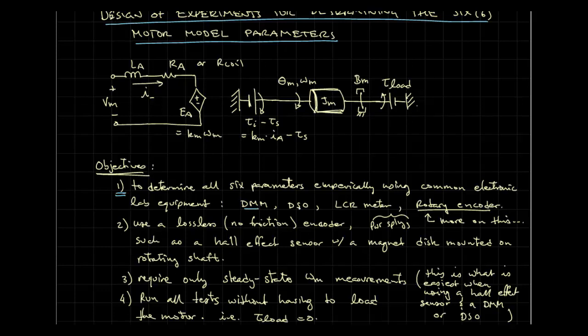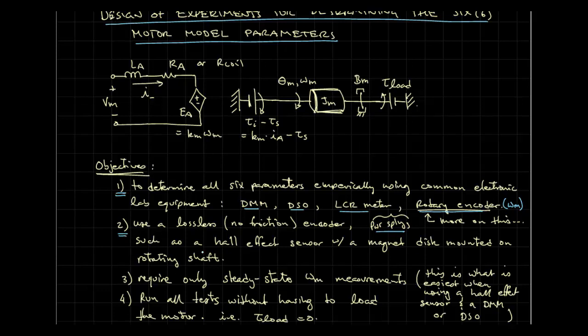Things such as a digital multimeter, digital storage oscilloscope, perhaps an LCR meter for being able to measure things like inductance, and then some kind of rotary encoder so that we can measure omega m. More on this in a little bit. Also, we may want to use a power supply. Well, we will need to use a power supply for sure to power our motor.